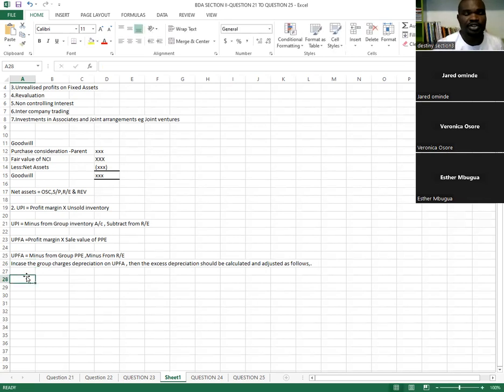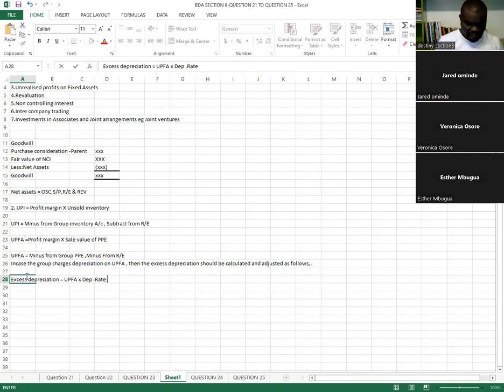So if the depreciation is taking place, then this is what you do. You say excess depreciation will be UPFA. How to get it? You take that excess amount, you multiply with the depreciation rates. That is how you get the excess.